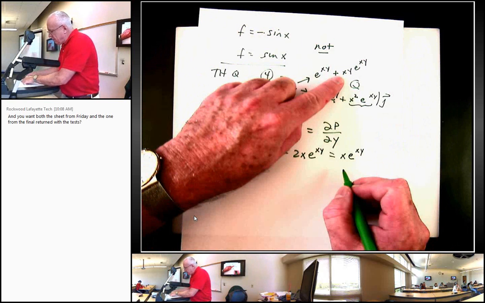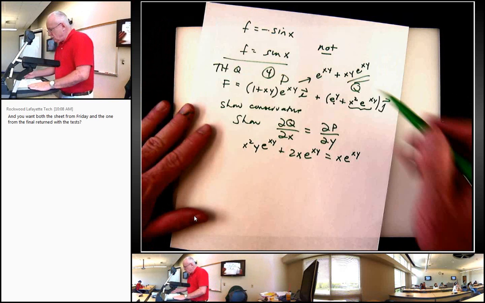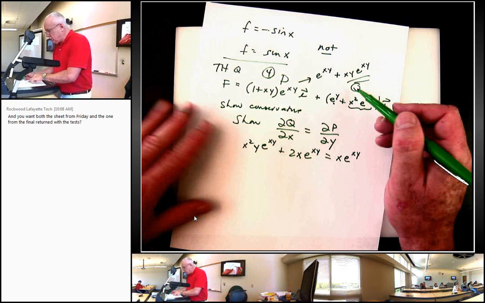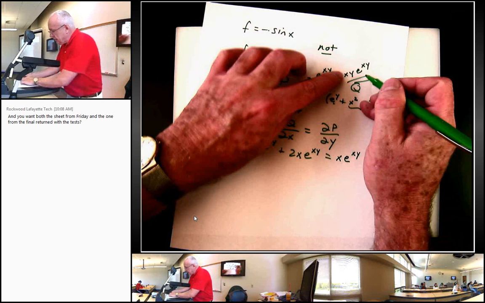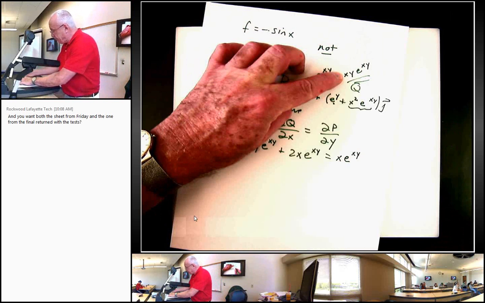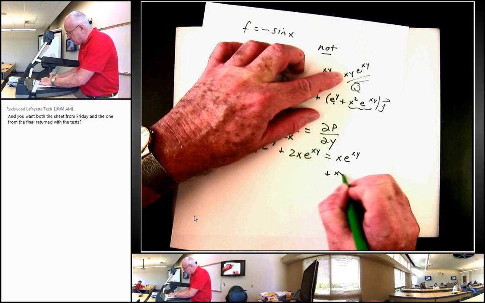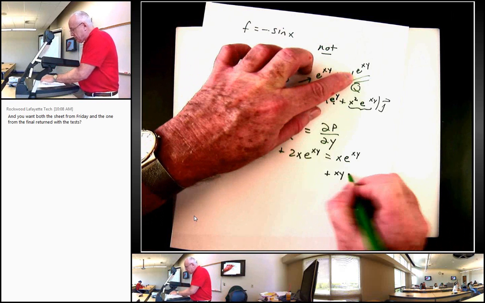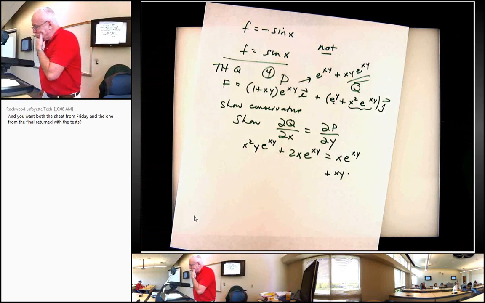Okay, and then this is with respect to y, so we have to do, again, the product rule with this one. So this is plus xy times the derivative of e to the xy with respect to y.